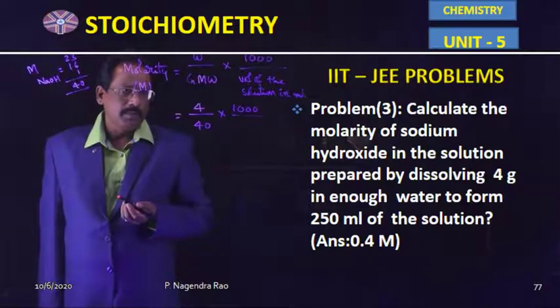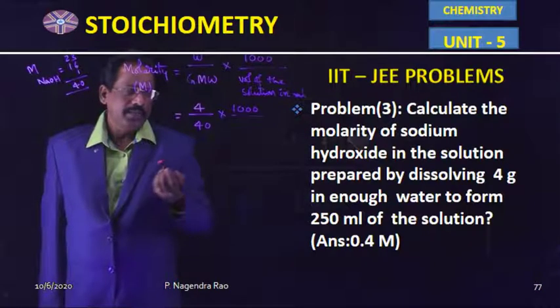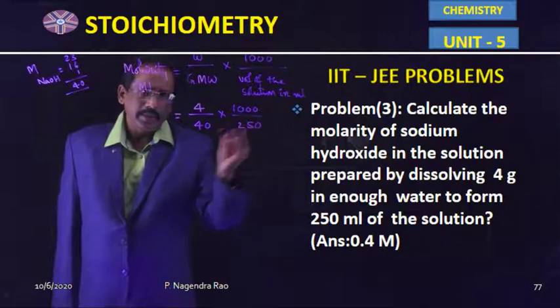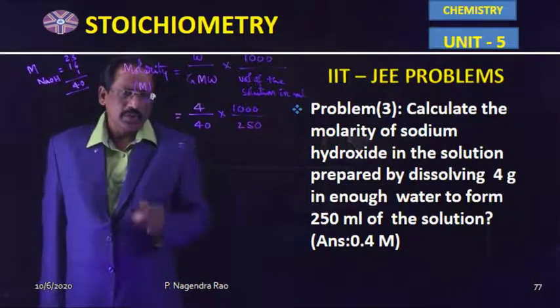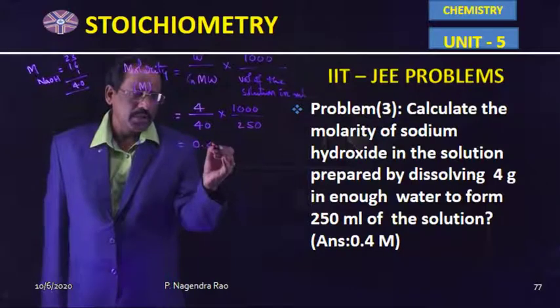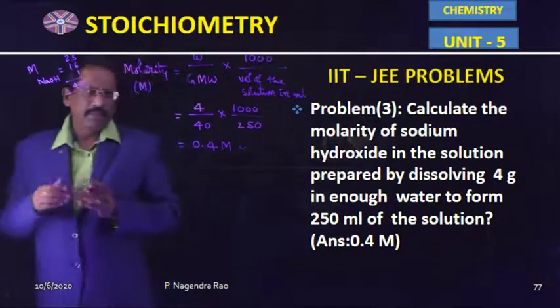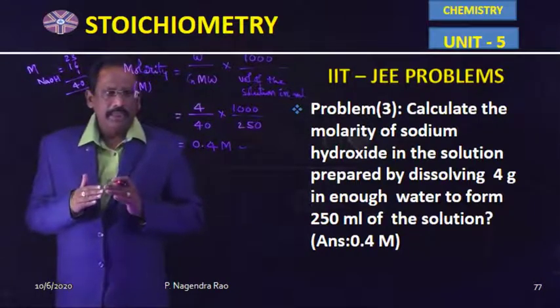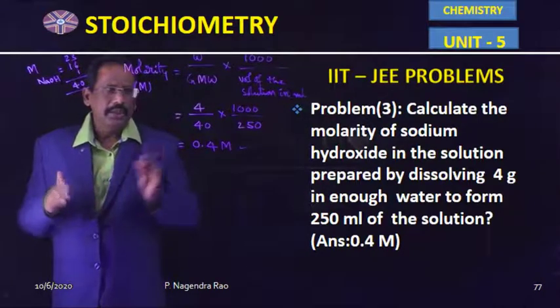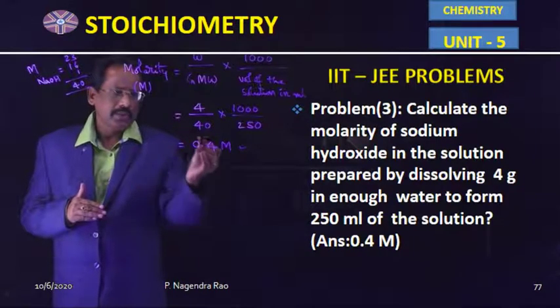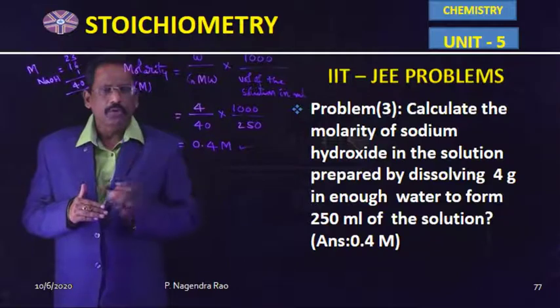Here in this problem, the volume of the solution is given in milliliters, 250 ml. Therefore 1000 divided by 250. So this is equal to 0.4 molarity. That means the number of gram moles of the solute present in 1 liter volume of the solution is equal to 0.4 moles.